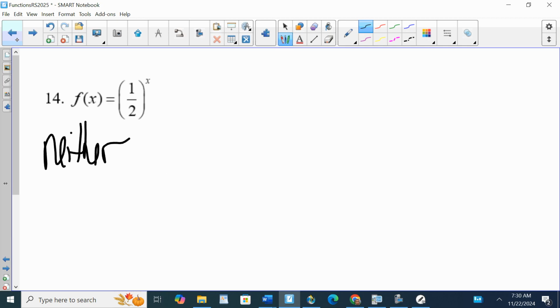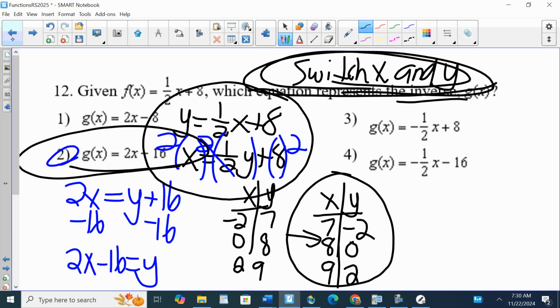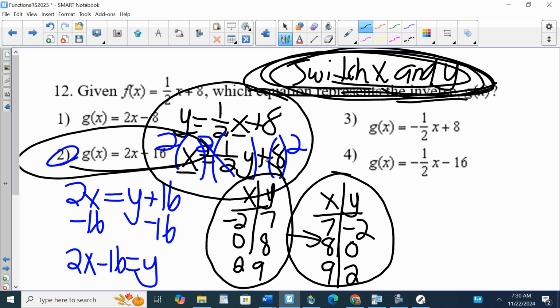Type it into y equals if they give you an equation. Inverse, switch x and y. Whether you're doing it algebraically by switching x and y in the equation and then solving for y, or you're typing the original into y equals and writing some points down, you're switching x and y in the table, and you're typing each choice in and seeing which has that switched x and y table.